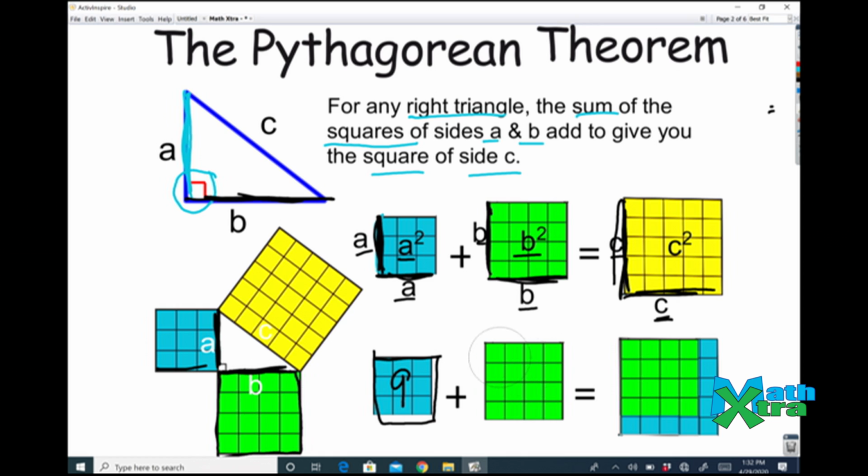A square. 4 by 4 is 16. And now if I square side C, that's a 5 by 5 square. So we have the 9 here: 1, 2, 3, 4, 5, 6, 7, 8, 9. And then we have the 16 here. If I add the 9 and the 16 together, it gives me 25.